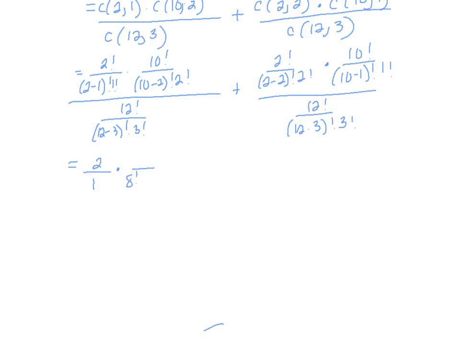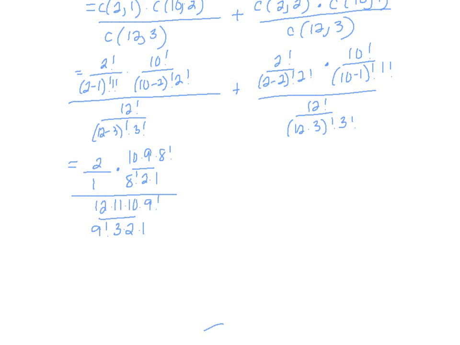So 8 factorial, 2 times 1. So when I multiply down my 10, I can stop at 8. 12 minus 3 is 9 factorial, 3 times 2 times 1. So then when I multiply my top, 12 times 11 times 10 times 9 factorial, I can stop.